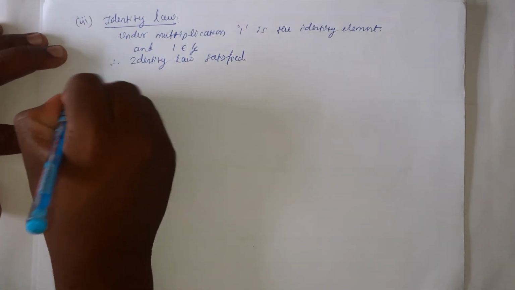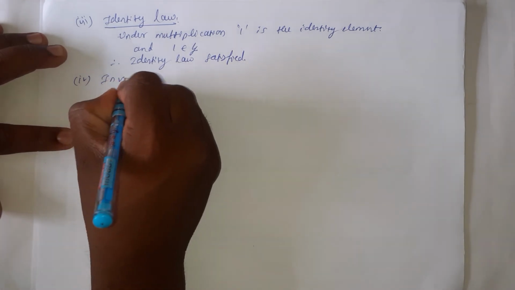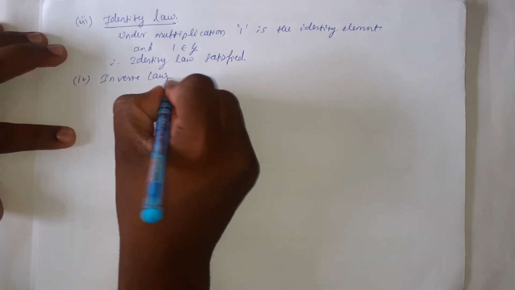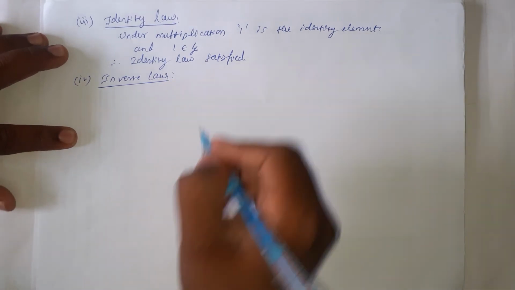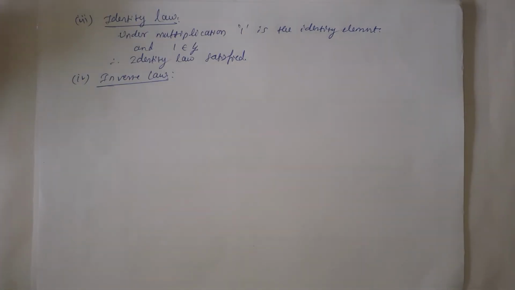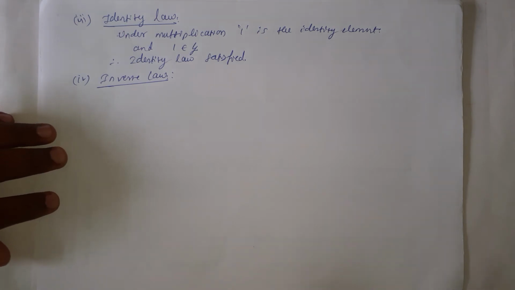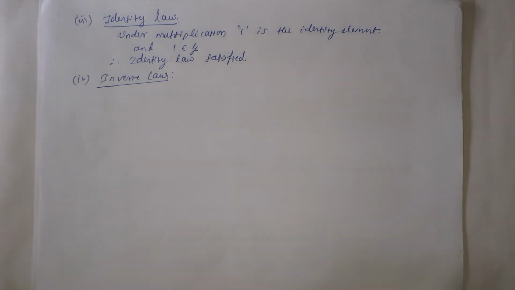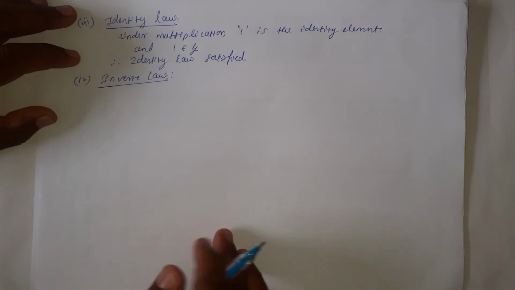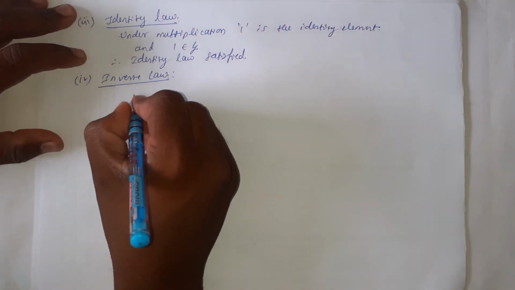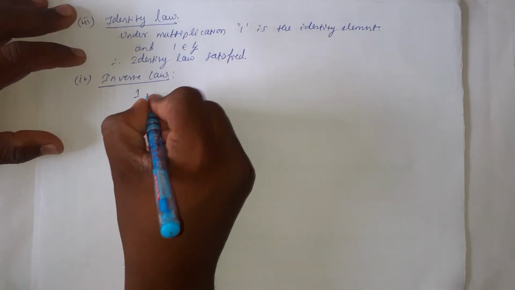Then the fourth one is the inverse law. This is very important, because here we need to find the inverses of each and every element. Here we have 4 elements: 1, minus 1, i, minus i. For them we need to find the inverses. Let us consider the first element, that is 1.